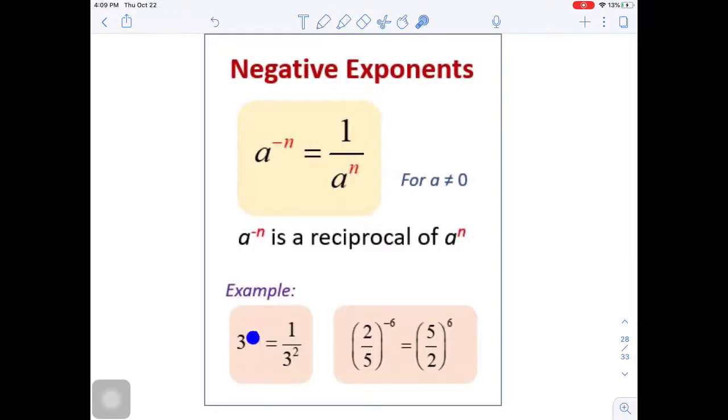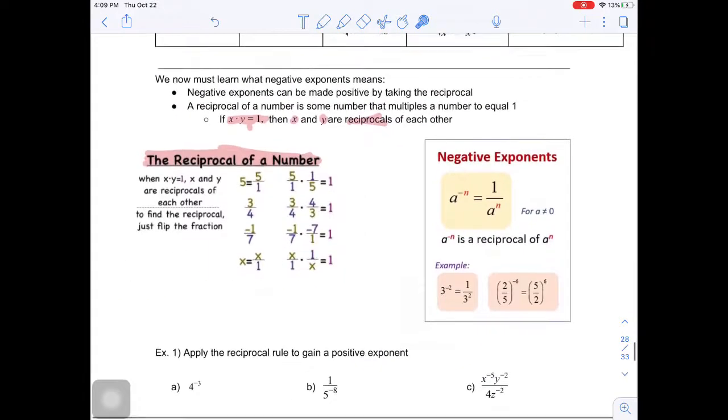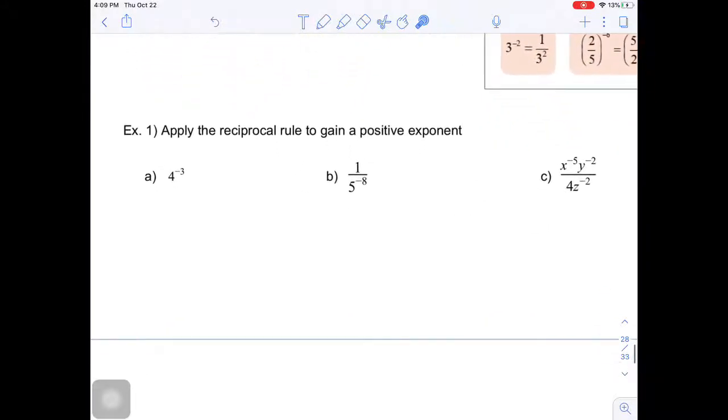So we have 3 to the negative 2, we flip, so we get 1 over 3 to the power of 2. Here we have a power of negative 6, and we have a fraction inside, so if we flip that fraction, we get a positive exponent. Okay, so let's apply the reciprocal rule to gain a positive exponent.